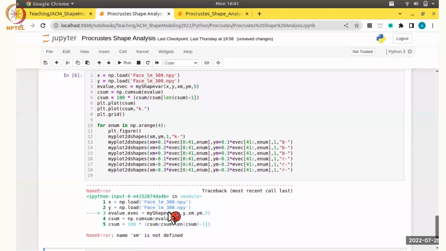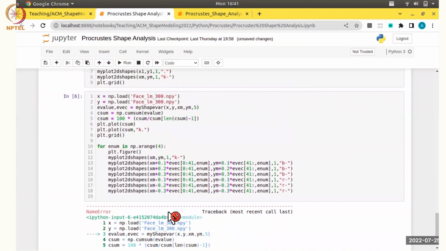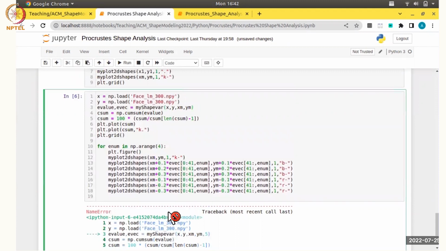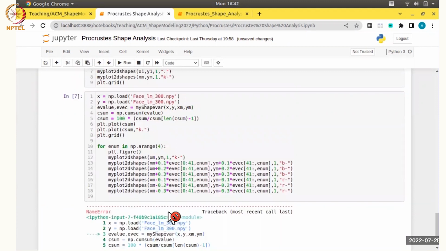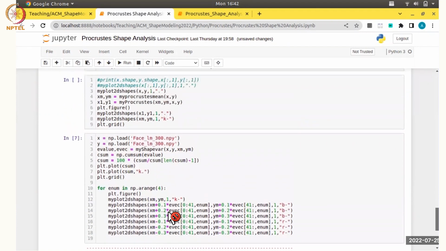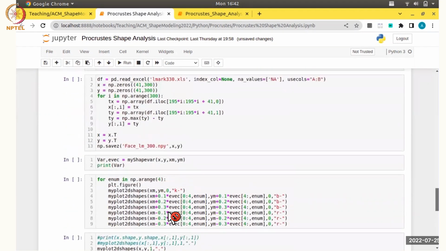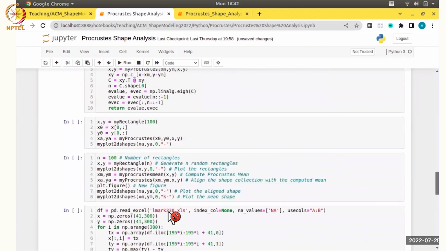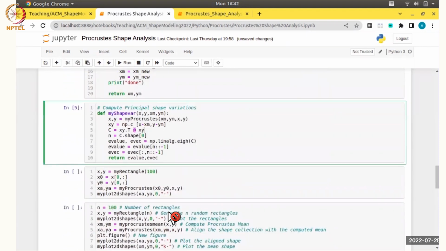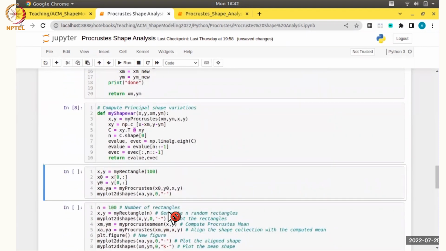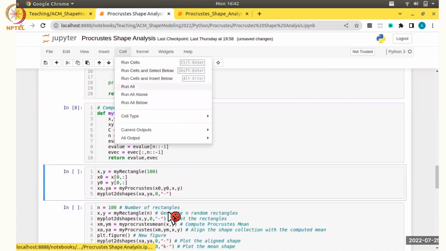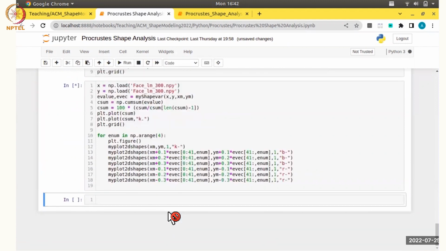Oh, right. Number 5 was changed at the last point. You can do cell run on. Let me see the shape. I think there is some error.